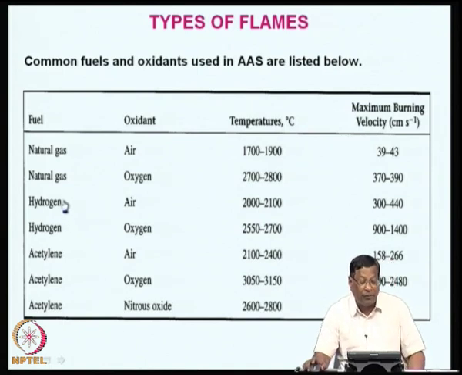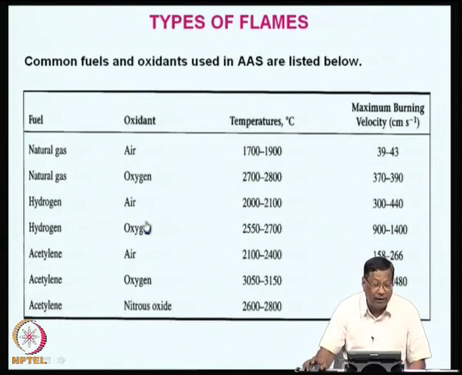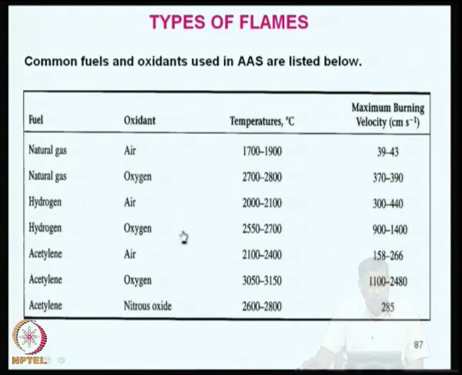Suppose you use hydrogen and air, hydrogen burns giving water, and air is the oxidizer. The normal flame temperature would be 2000 to 2100, and the burning velocity is about 300 to 440. You can replace air by oxygen again, then you get 2500 to 2700 degree centigrade in the flame.